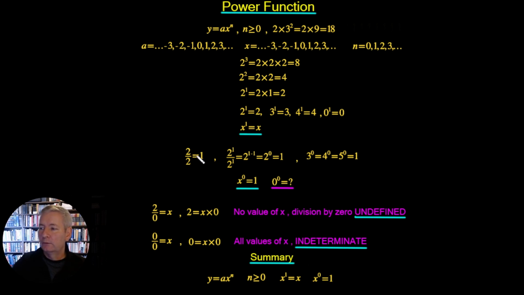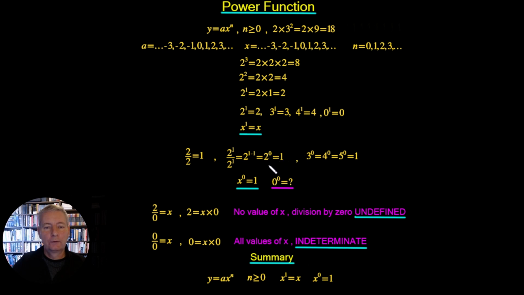But if we write 2 as 2 to the power of 1, because we know from above that is just the number 2, divided by 2 to the power of 1, then we can write that as 2 to the power of 1 minus 1, which is 2 to the power of 0. So 2 to the power of 0 therefore must be the value 1. So take your time to read over that again to ensure you understand it.